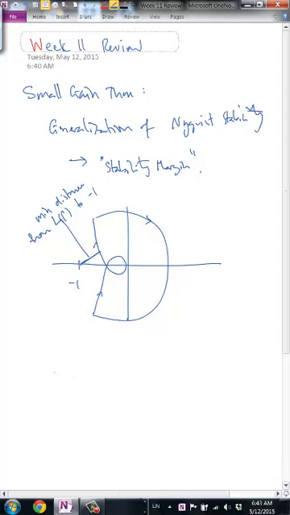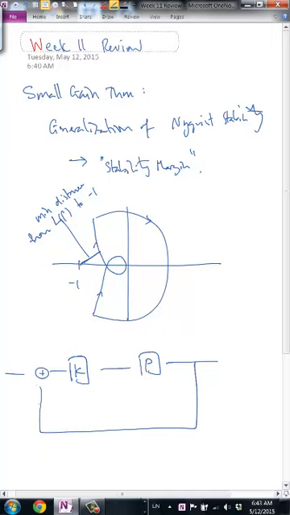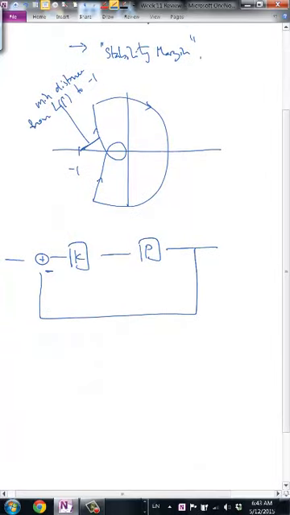Nyquist is in the context of the feedback unity loop, which looks like this. Now suppose that we have a perturbation in the plant. So P true is equal to P plus delta. What does that mean?